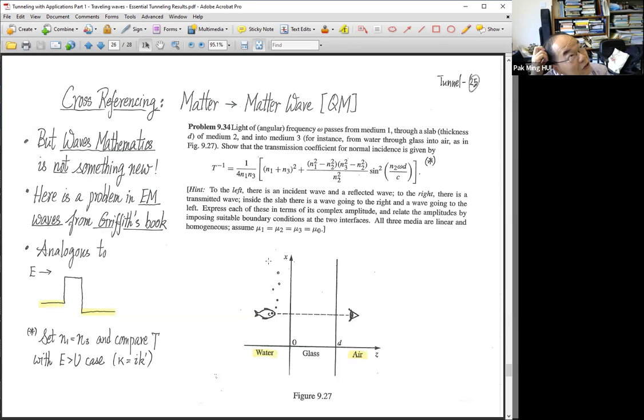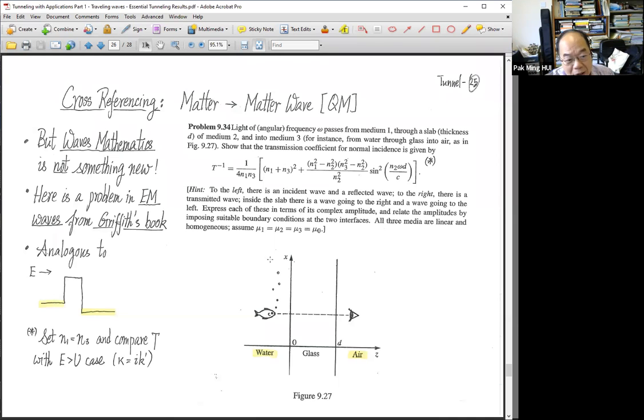The boundary condition has to do with the tangential E field being continuous, and then the normal component of the D field, is it continuous? I think so, yeah.